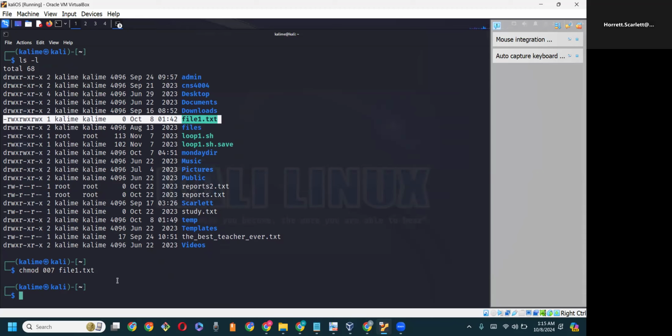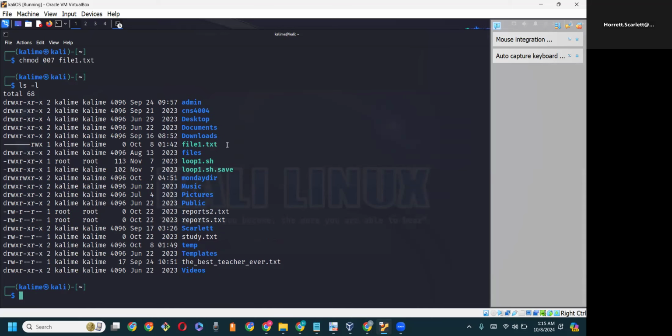So we execute the command, and then we're going to do an ls -l. Again, we have identified file1.txt, and look at what has happened. We have pretty much zeroed out everything else. In other words, we have turned off all the other bits. And the only bits which are now on are the read, write, and the execute for others.